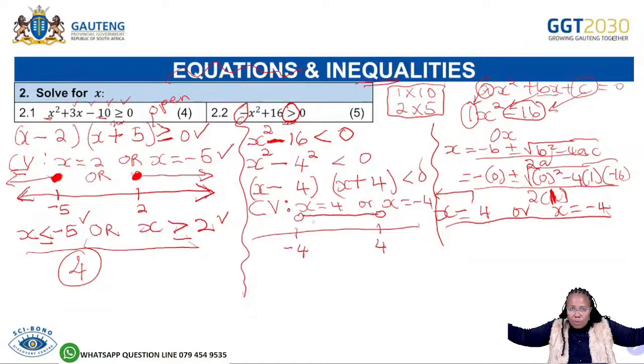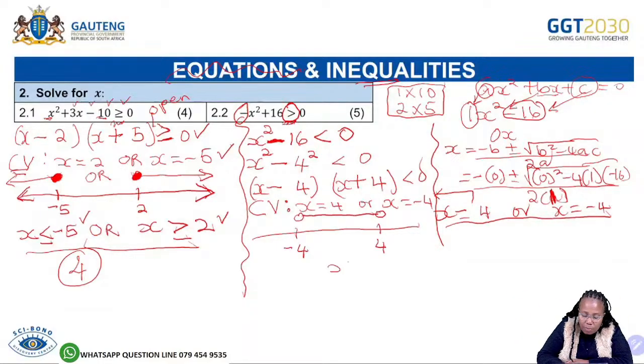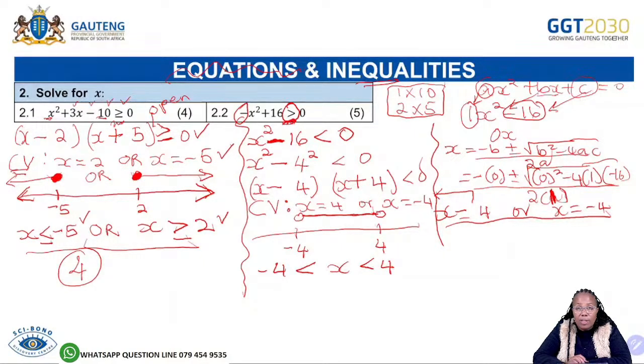Greater than, you go this way; less than, you come in. Your x will be in between minus 4 and 4, because the shading is in between. You don't include the values now. Can you see? No equal sign, because it was not given there.